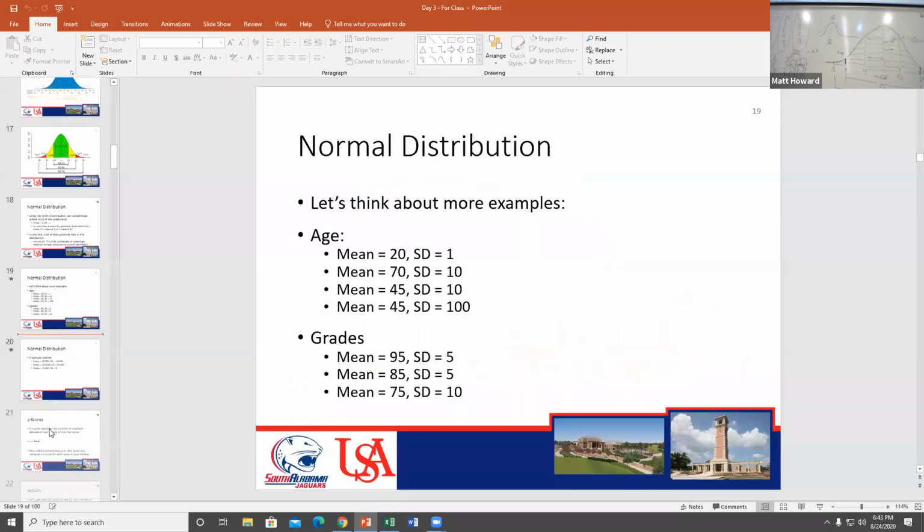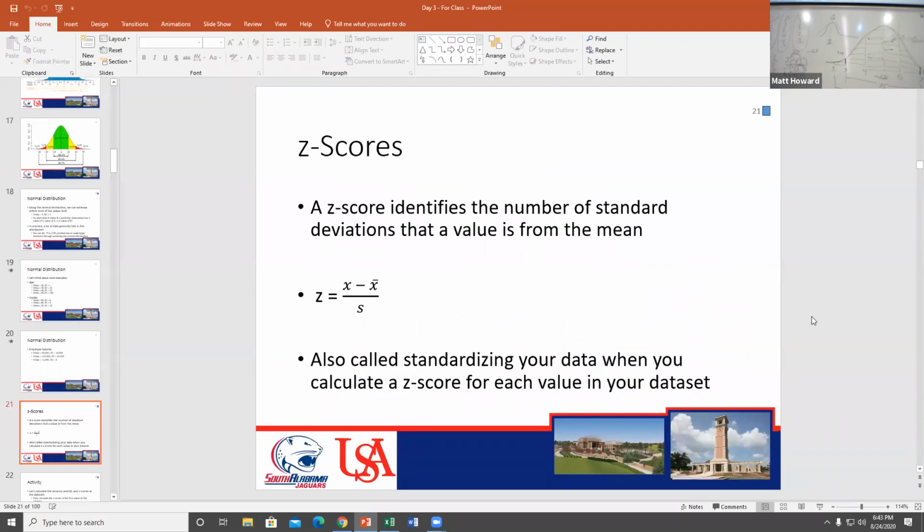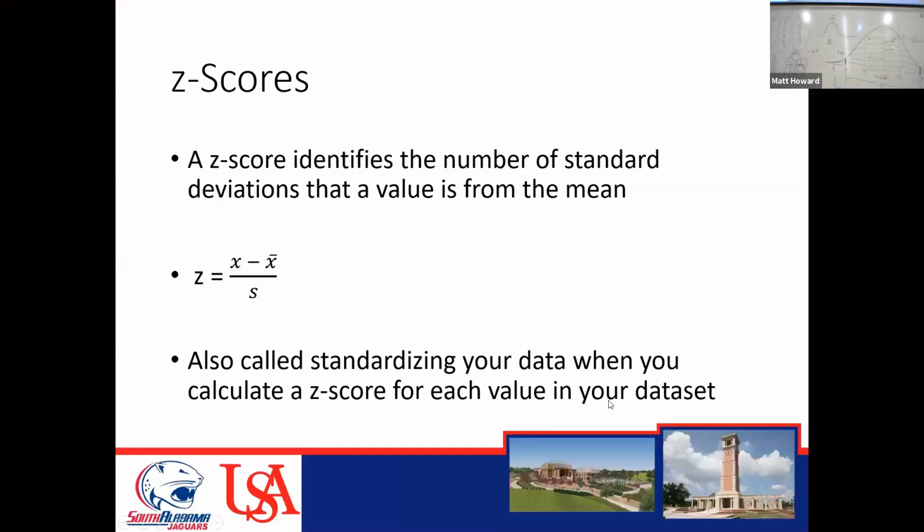In general, and this is just a general rule of thumb, if you have a z-score of 1, that means you're slightly above average. Once again, normal distribution. 1, slightly above average. 2, you're pretty strongly above average.